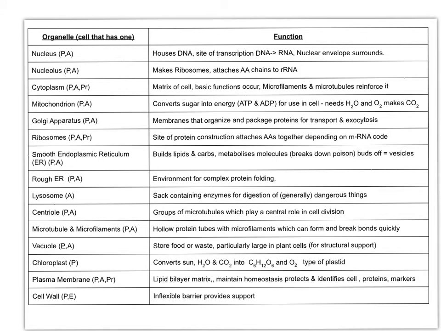But if we're looking just simply at cells, then I'm going to help you define the different organelles that are in the cells, okay? For this, P stands for plant, A stands for animal. Okay, so that's what the P and the A stand for in this example.